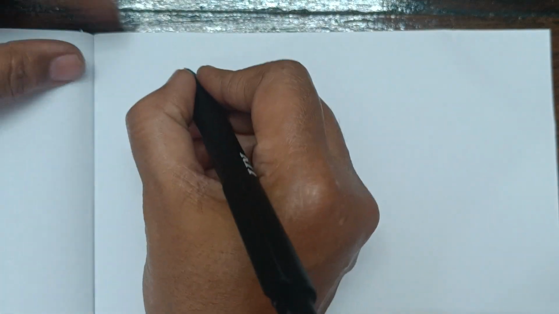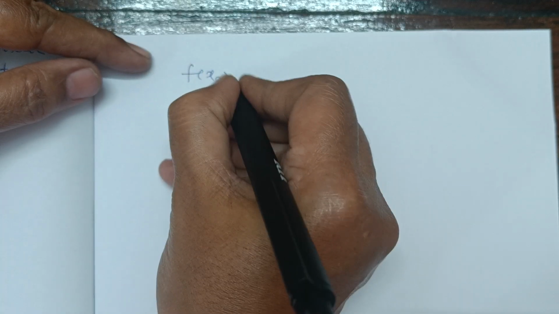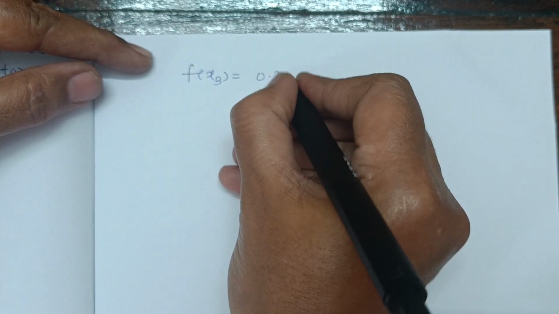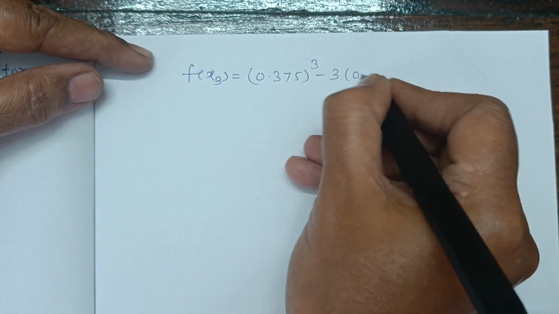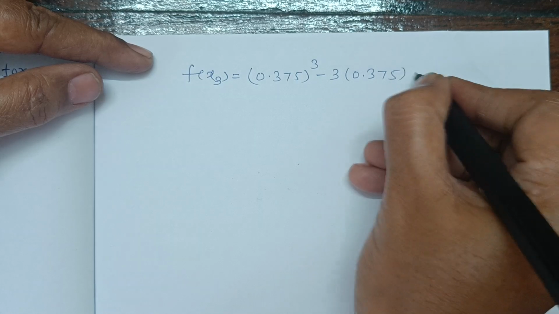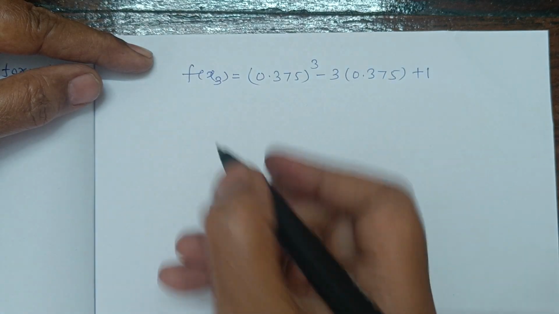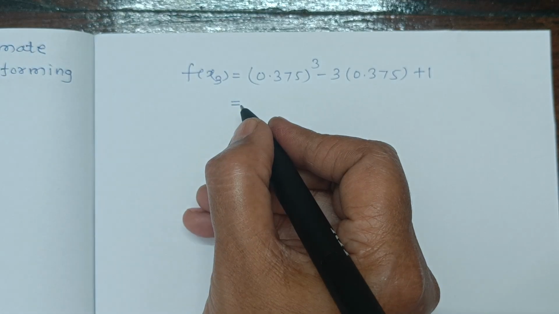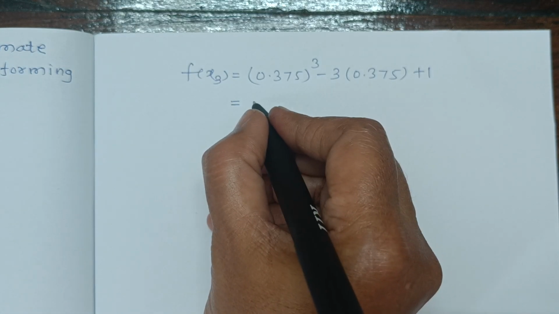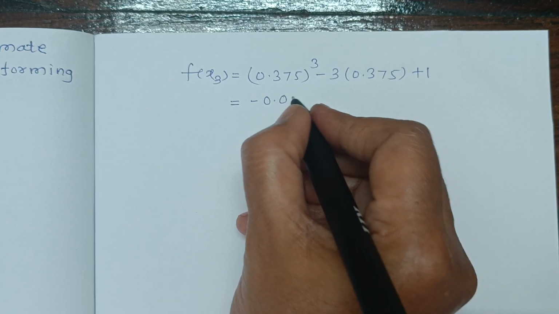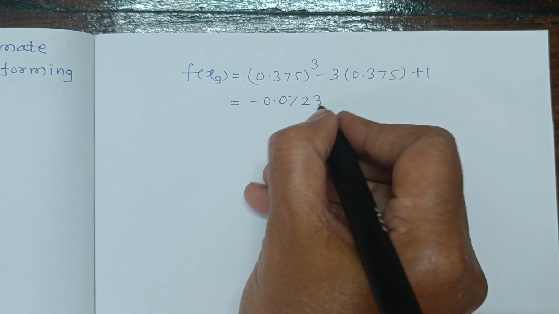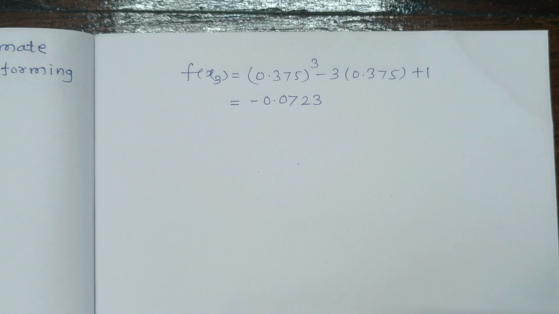Now let us find f of x3 is equal to 0.375 cube minus 3 into 0.375 plus 1 is equal to minus 0.0723 and this value is less than 0, but we have to perform only 3 iterations.